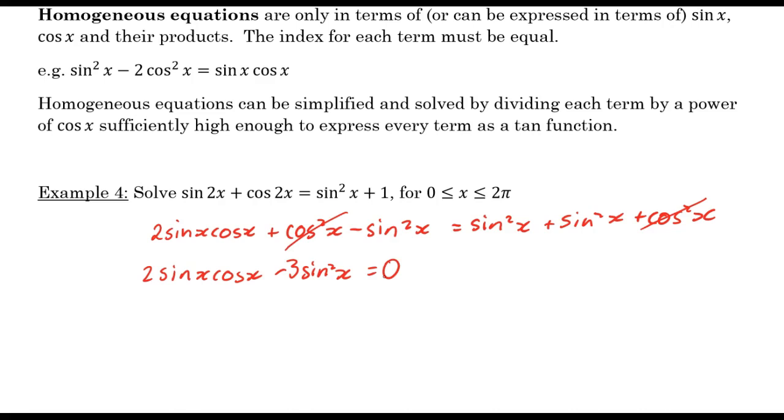Now I'm going to divide everything by cos squared. So let's write this: 2 sine x cos x over cos squared x minus 3 sine squared x on cos squared x, and 0 divided by anything is still 0.